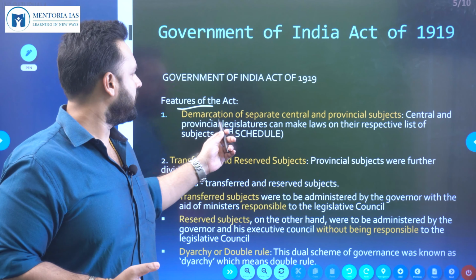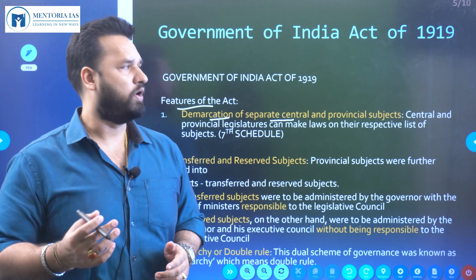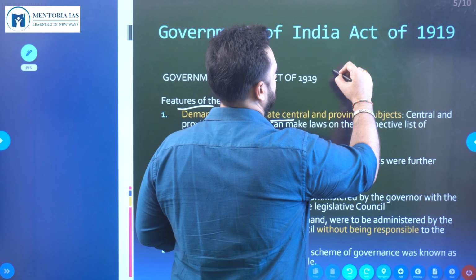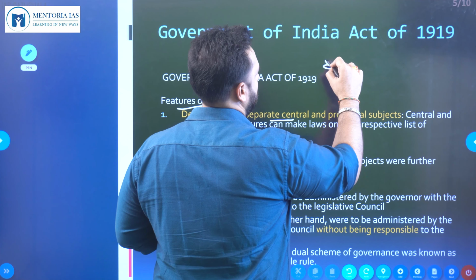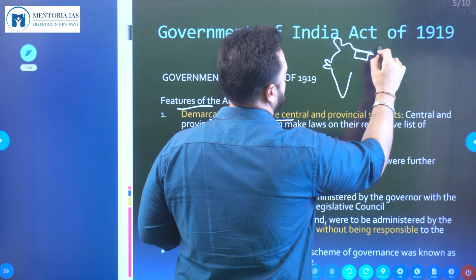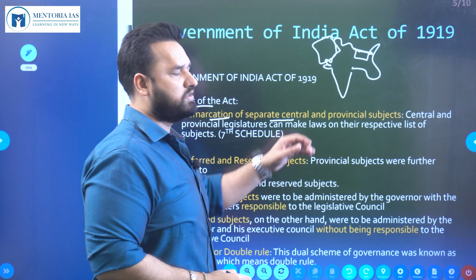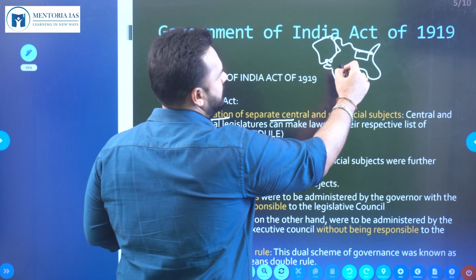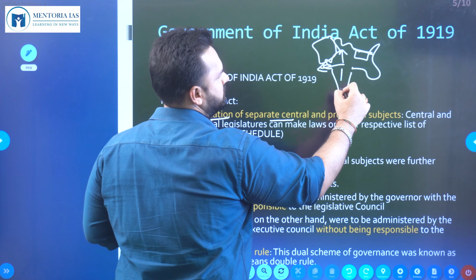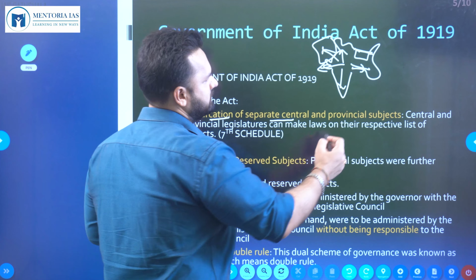It separated central and provincial subjects. What did it do? Let us say this is the British rule territory. The center can legislate on these central subjects, defense, war, all these things.